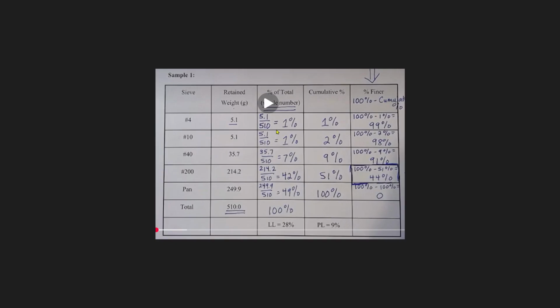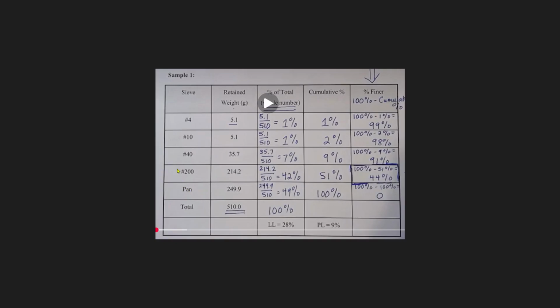I don't think I can do it as well as she does, but I want to let you know what we're considering. We're considering the sieve side, and we're using the number 4, 10, 40, and 200. And this is the pan, which doesn't have any screen on the bottom and collects the whole sample.